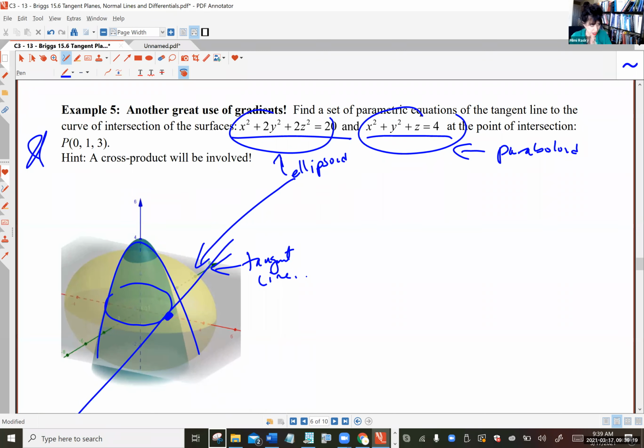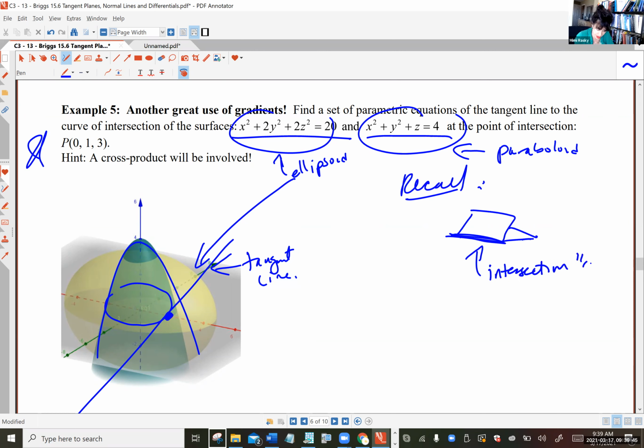No, I'm not. So I claim you've already done this problem, really, in a similar way with two surfaces. I want you to recall about a month ago, when we were studying planes and lines a couple chapters ago, when I gave you two planes, their curve of intersection was a straight line.